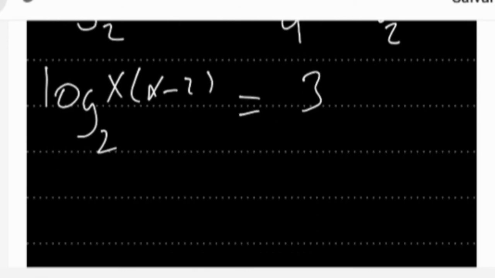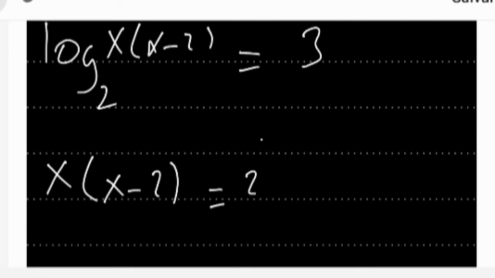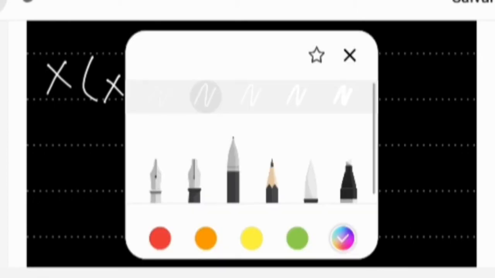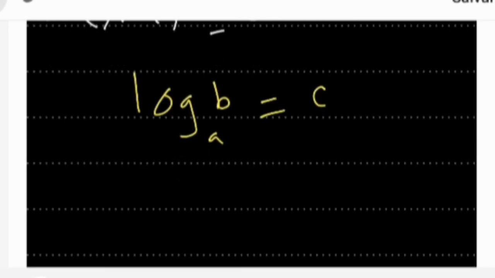Now just solving the log, it goes over there. So x multiplied by x minus 2 is equal to 2 cubed. This is the basics of logarithms. If you have log base a of b equals c, then a to the c is equal to b.